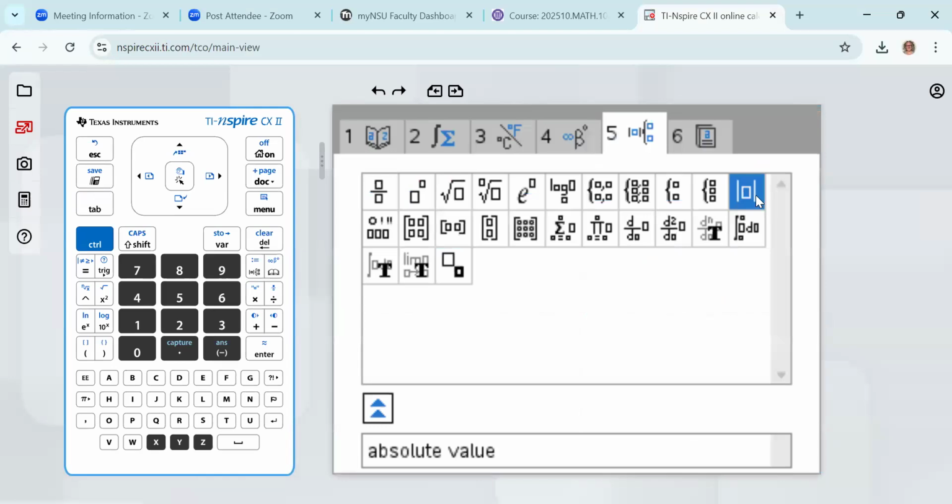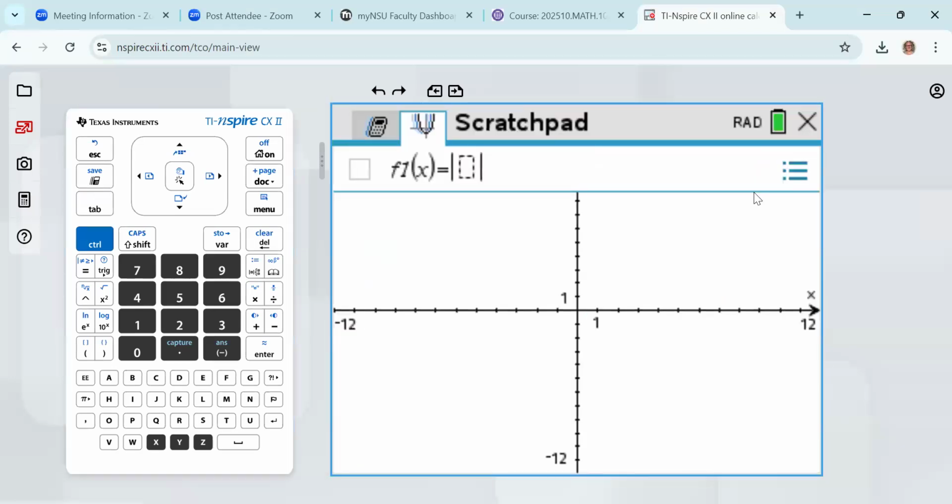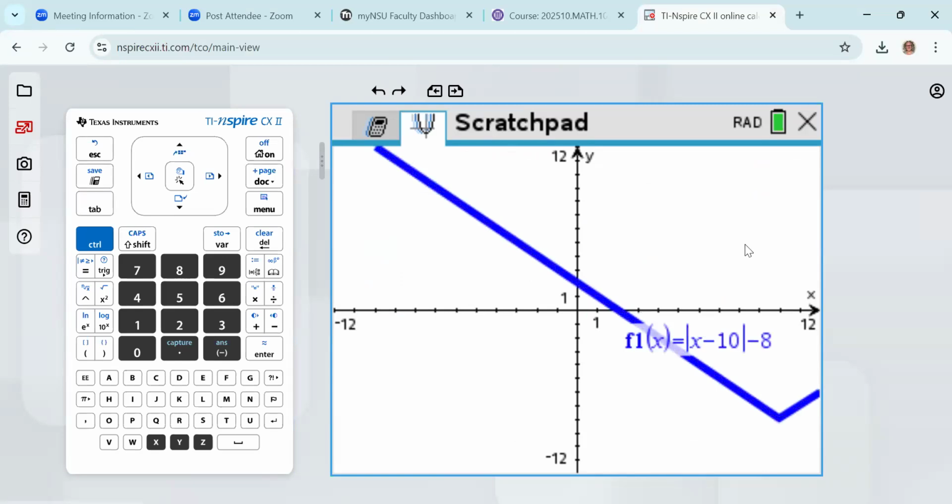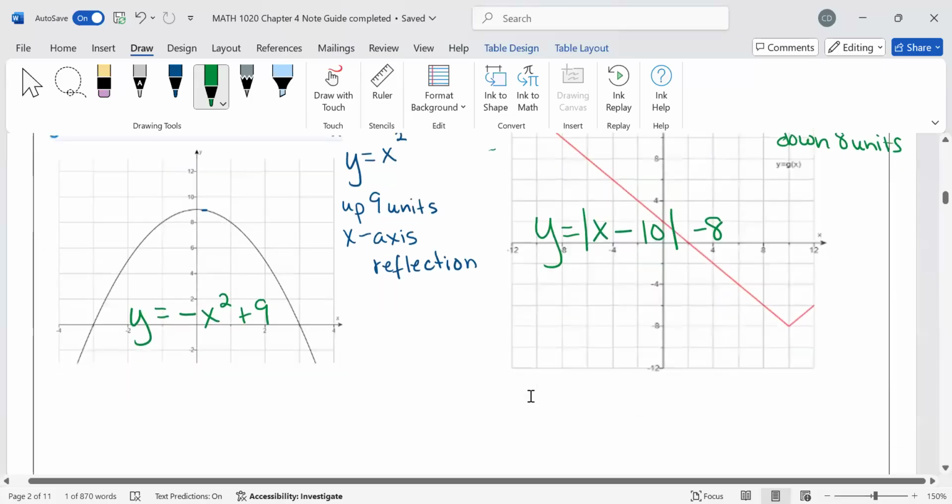Tab, open the book. All right, and that looks like what we had. We went to the right 10 and down 8. So you can use the calculator to check your work.